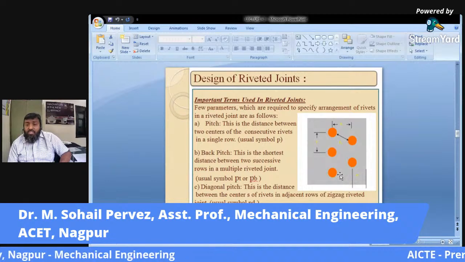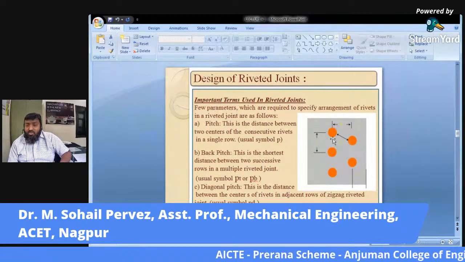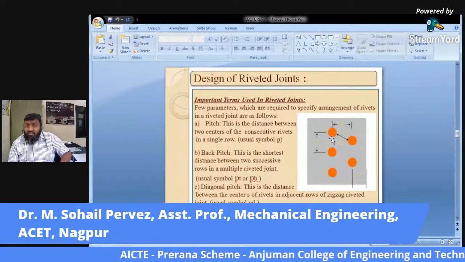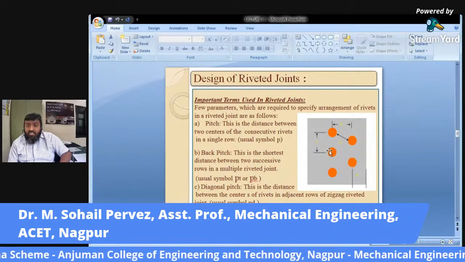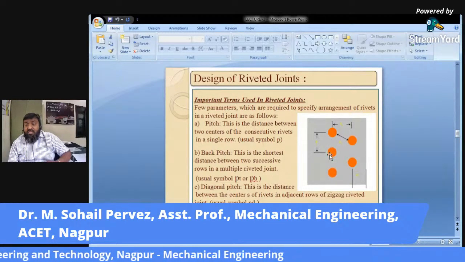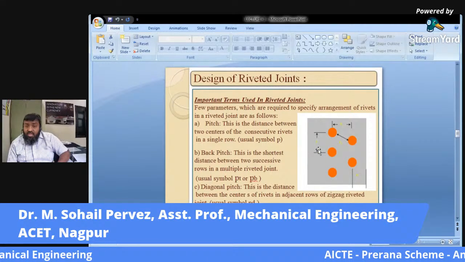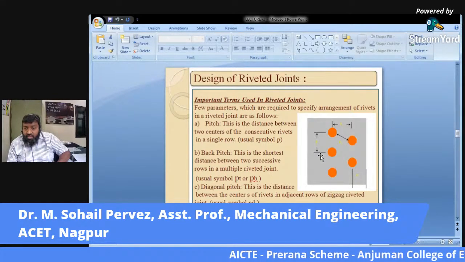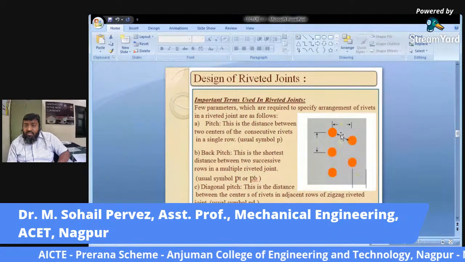Number one is pitch. Generally we refer to this as the distance between two consecutive rivets, but this is a linear distance. This is the linear distance between the centers of two consecutive rivets in a single row, not compared with another row. And if we are comparing with another row, then you have to have a different name.